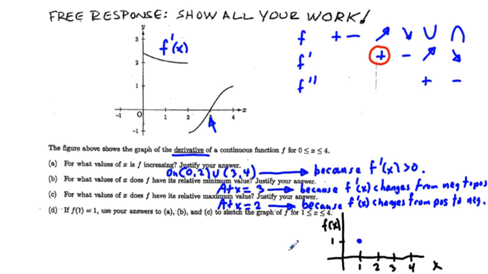Use your answers to A, B, and C to sketch the graph of f. So what happens, we are increasing at a slope of almost 2, and we're increasing because we're above the x-axis, but we're increasing at a decreasing rate. So we have a slight, what we would call down concavity.